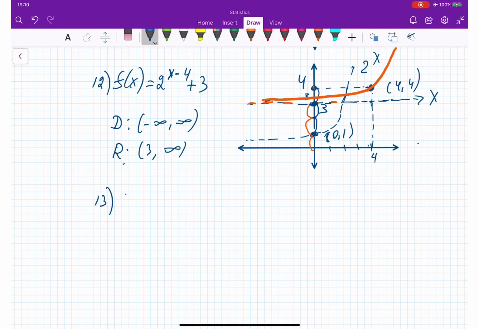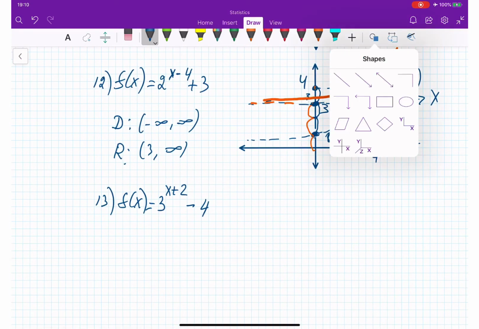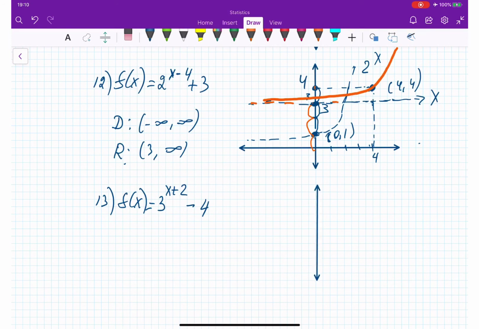What do we have? f of x is equal to 3 to power x plus 2, okay, minus 4. Let's see what we're going to do here in this case. So 3 to power x, so 0 and 1, right? 3 to power x. Now, what we're going to do?